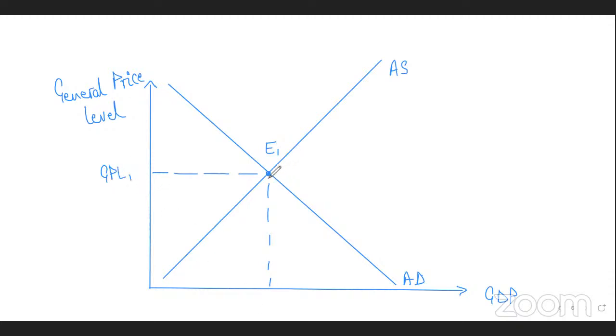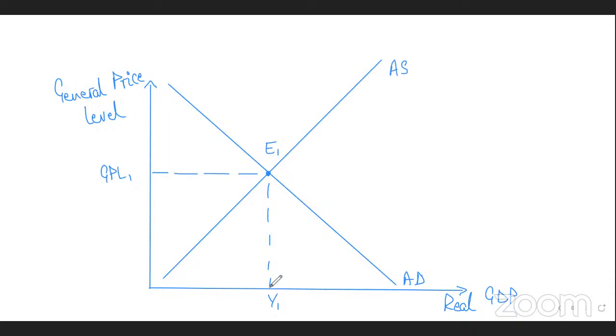At this equilibrium point, this much will be the average price level in the economy, the average prices, and this much will be your real GDP. In fact, I forgot to add the word real here, because it's real GDP. I'll talk more about how it is real or nominal. You don't need to worry about it.